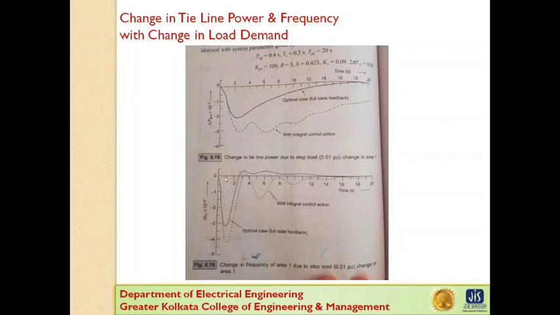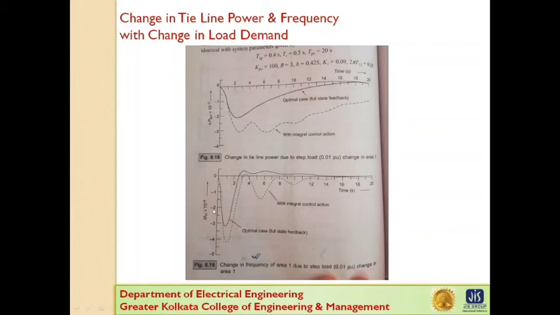Now this figure shows the change in delta P tie 1, the change in tie line power due to a step load of 0.01 per unit change in the area. This is the graph for the optimal case, full state feedback, and this graph is with integral control action.